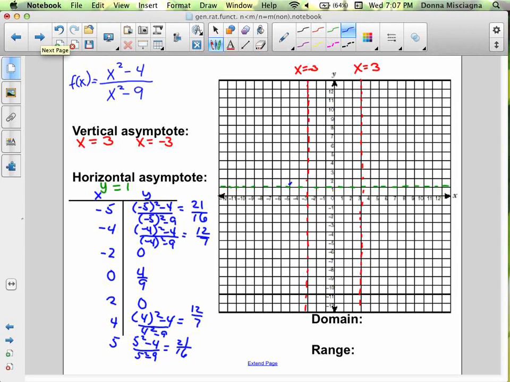Right, 12/7 is almost 2. So that's just a little bit more. Right? And we're going to have the exact same thing on the other side. Almost 2 and a little less than 1.5. And that could be just a tad lower. Of course it won't move.